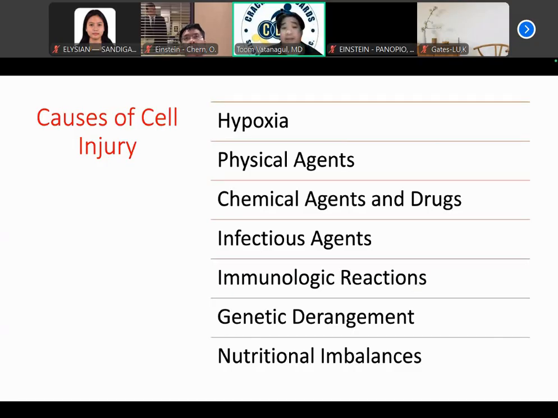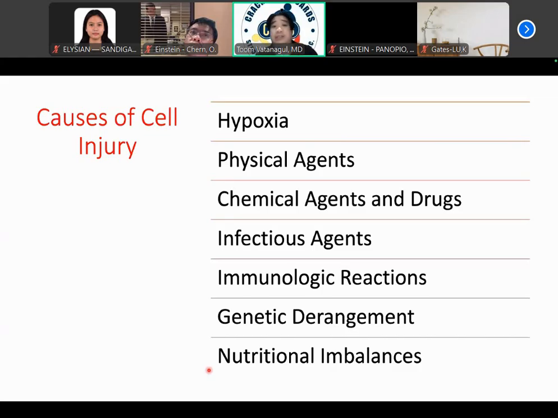Cellular injury can be caused by several things. One, hypoxia, physical, chemical agents, as well as drugs, infectious agents, immunologic reactions, genetic derangements, as well as nutritional imbalances. Now, basic standard question.